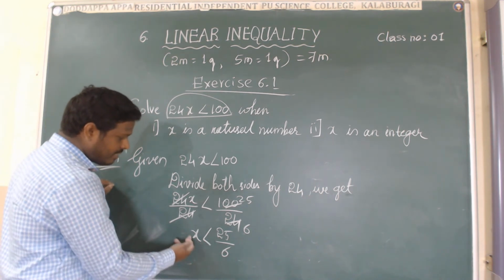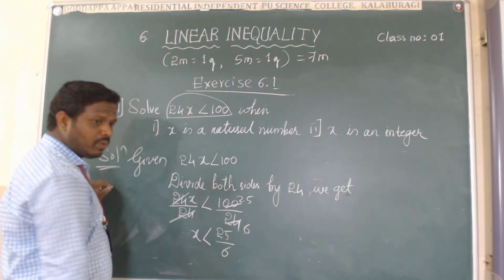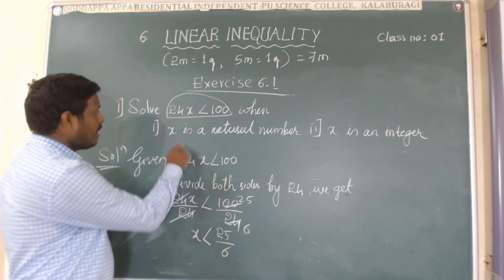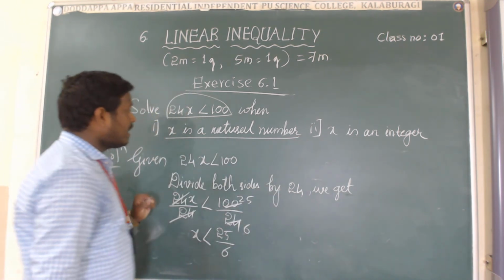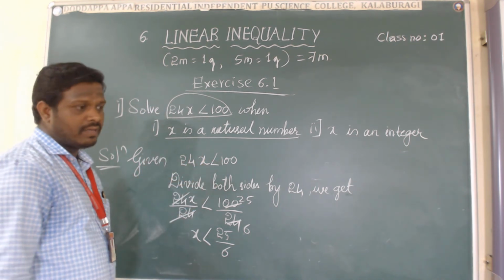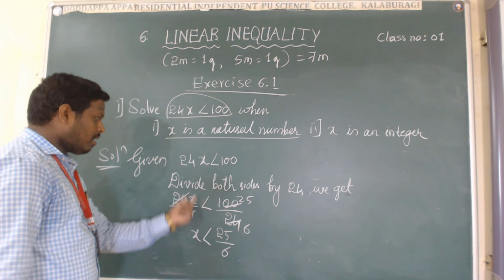Then in this we can see that the coefficient of x is 1. Then we can write the solutions of x when x is a natural number. Then the solutions of the given inequality we can write. I hope all of you are getting this.